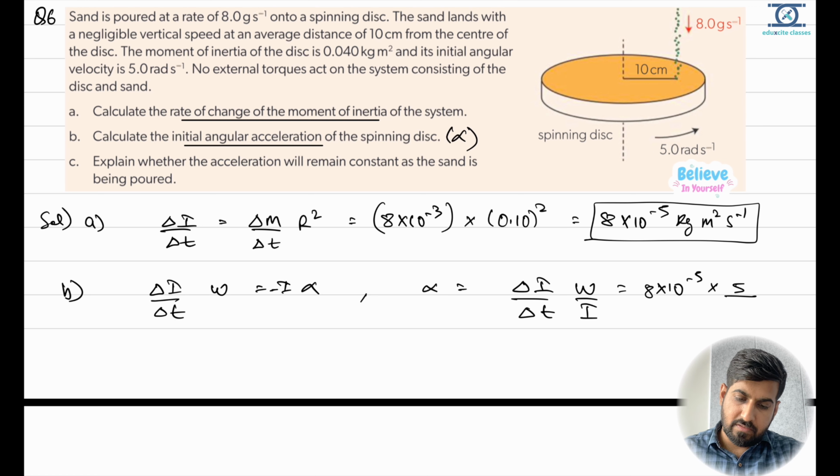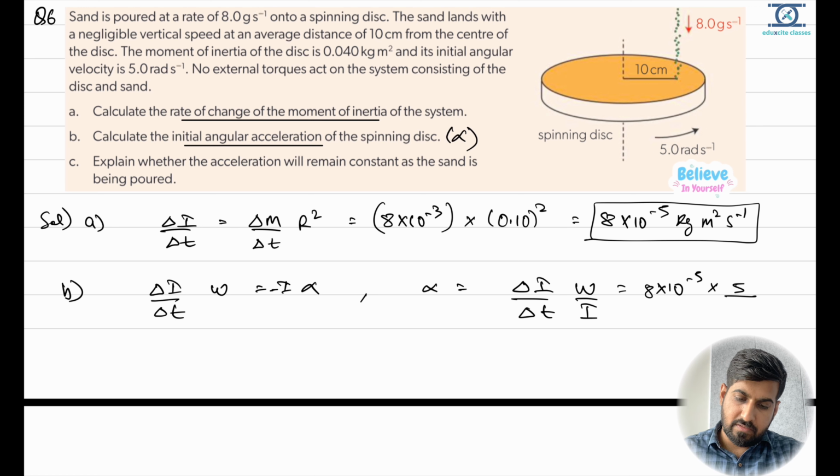So when you solve this, alpha will come out to be something around minus 0.010 radian per second square, or in magnitude, alpha is 1 into 10 raised to the minus 2 radian per second square. So I hope you have understood how I have solved.